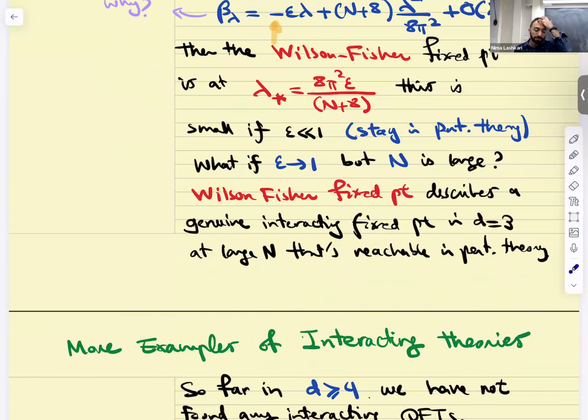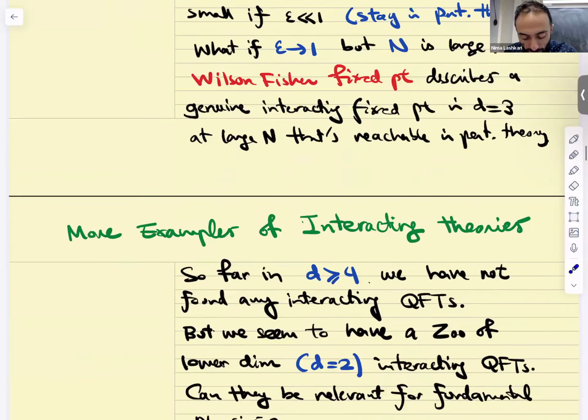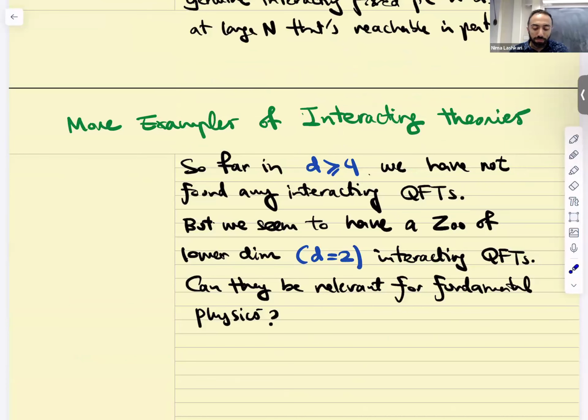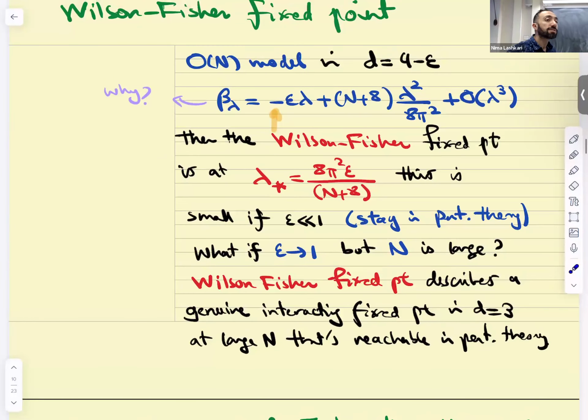So the Wilson-Fisher fixed point describes a genuine interacting fixed point at large n, which is reachable in perturbation theory. We need more examples of interacting theories. Any questions?